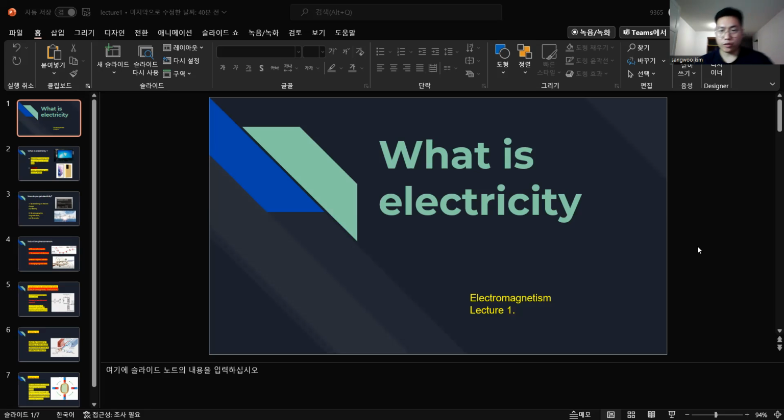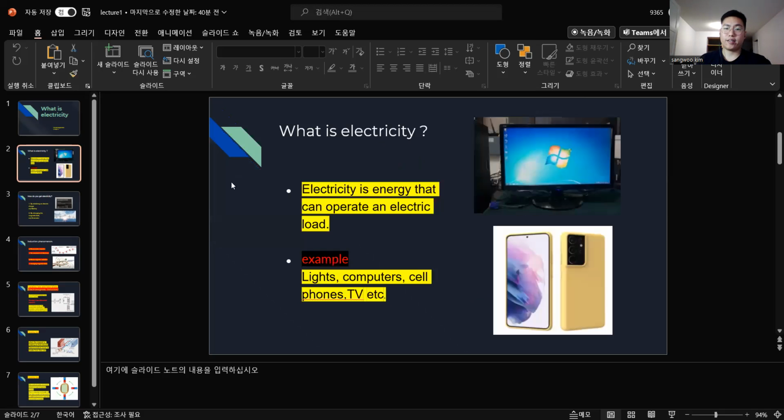Okay, let's start. Electromagnetism. Today's concept is: what is electricity? We know it well, right?